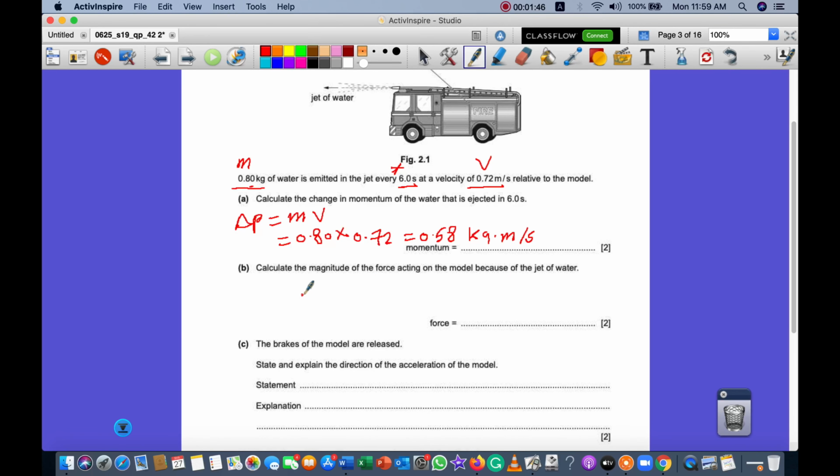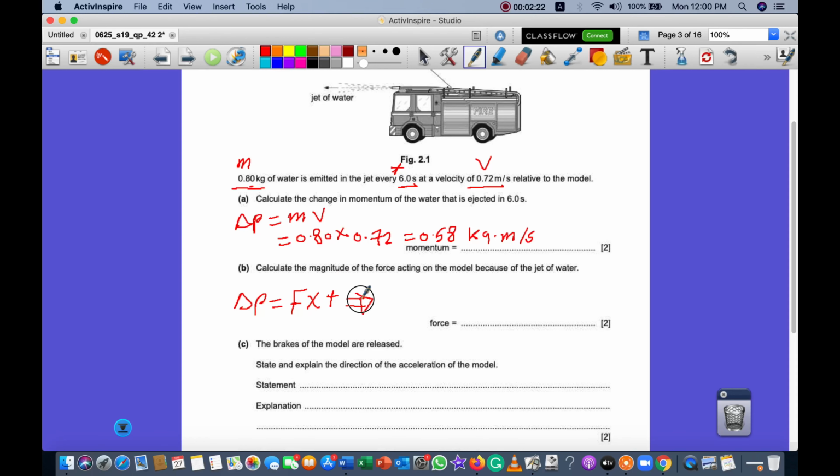B. Calculate the magnitude of the force acting on the model because of the jet of water. He asked me to calculate the force. You know that the change in momentum equals impulse. So change in momentum, delta P, equals impulse, which equals force times the time. He asked me to calculate the force.